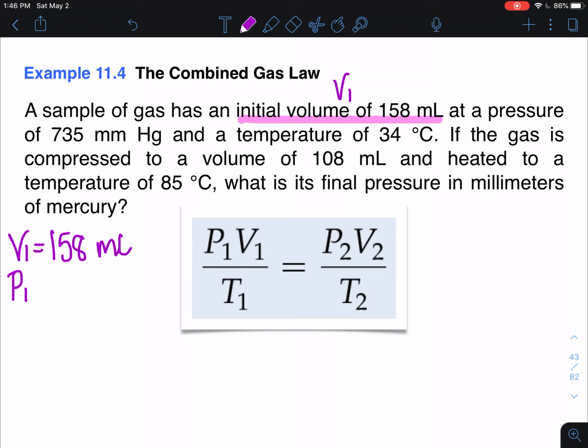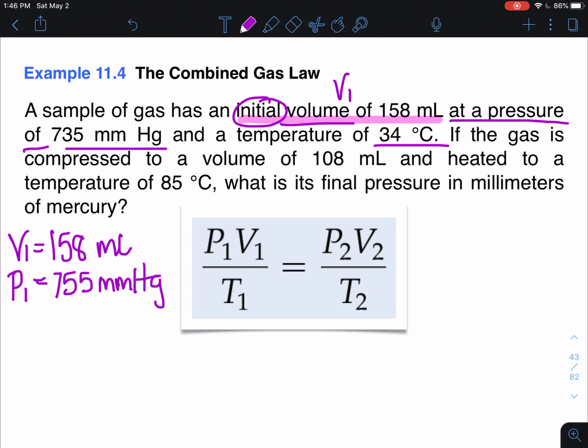That's going to be my P1, so 735 millimeters of mercury, and a temperature of 34 degrees Celsius. That's my T1. I always have to convert my temperature to Kelvin, so 273 plus 34 degrees C gives me 307 Kelvin.